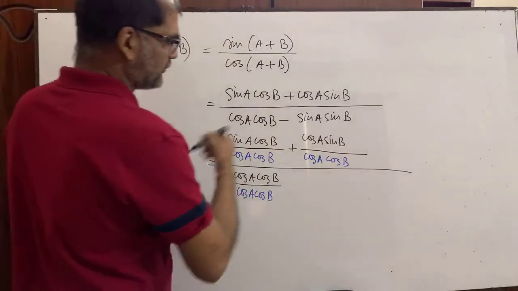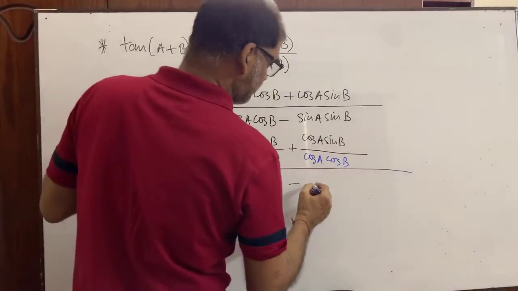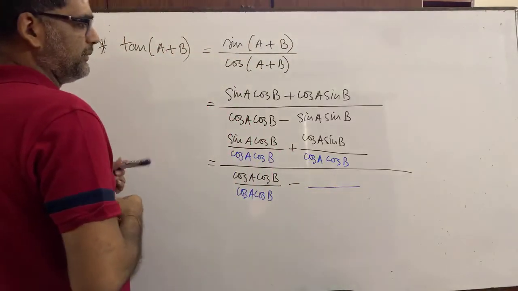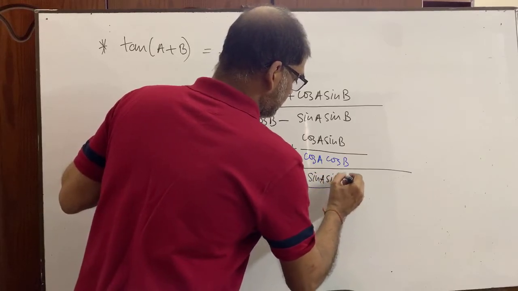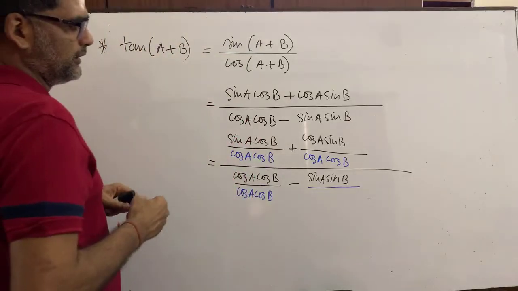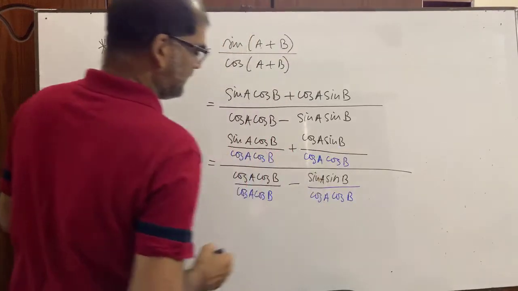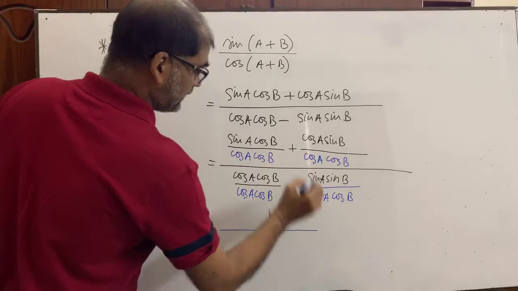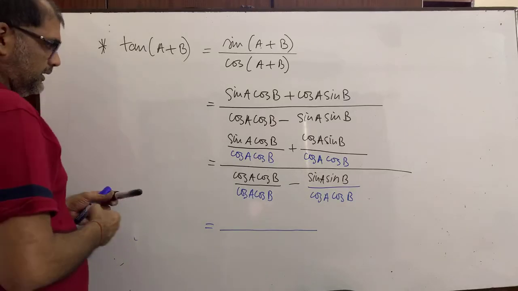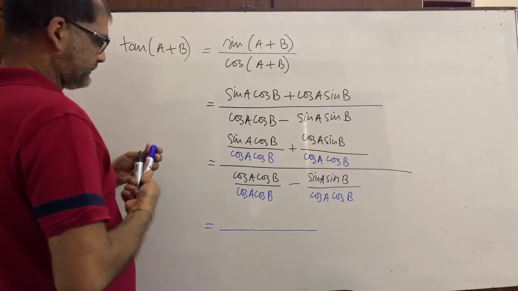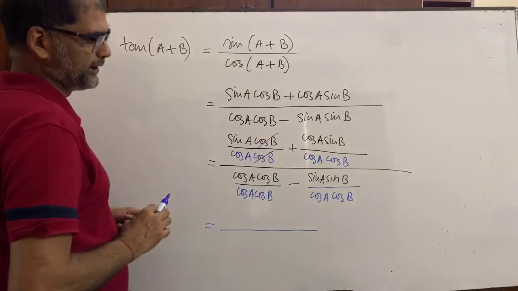Okay, then it is minus, we will divide it again like this: sin A sin B by cosine A cosine B. That means, you see, what we are getting here: this cosine B and this cos B are omitted.